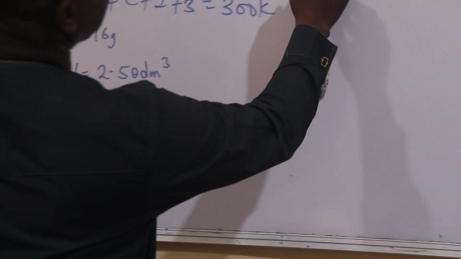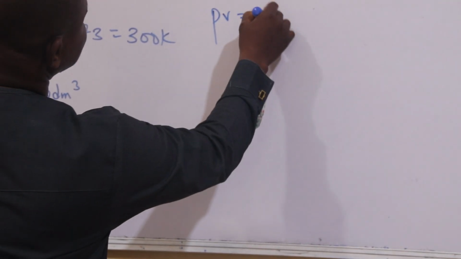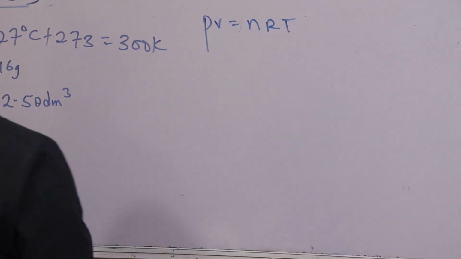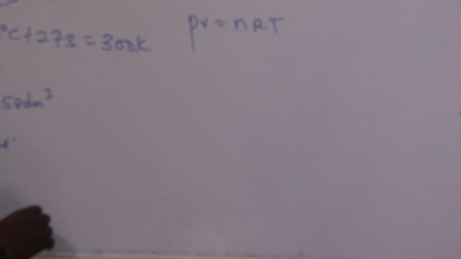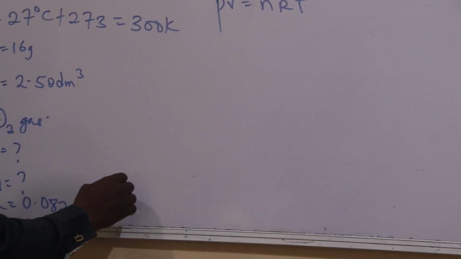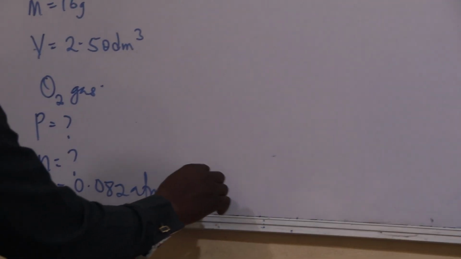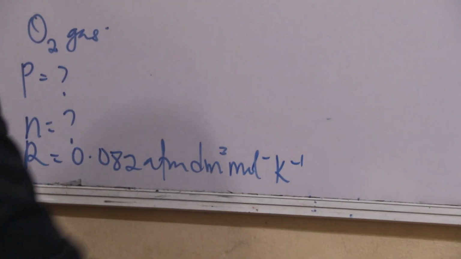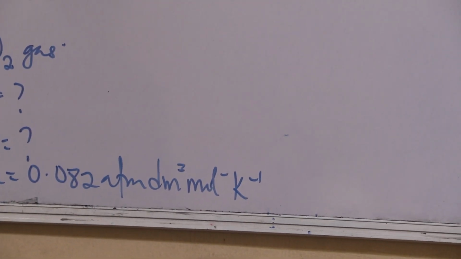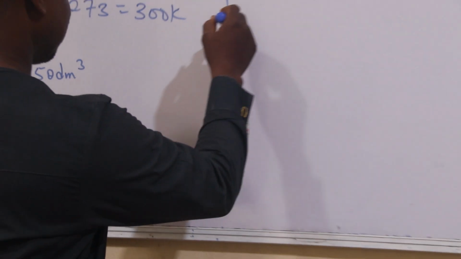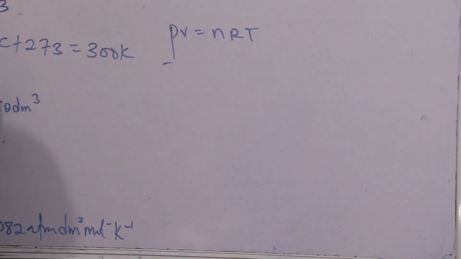We're supposed to use this formula, PV equals nRT. We have our T, we have our R, which is 0.082 atm dm³ per mole per Kelvin. We don't actually have our n and we are looking for P, but we have been given parameters that we can use.